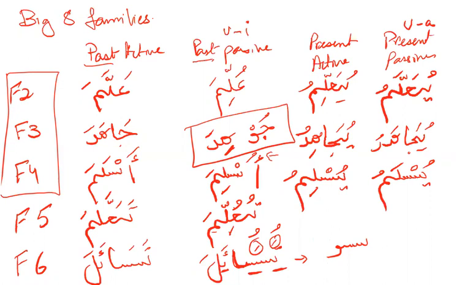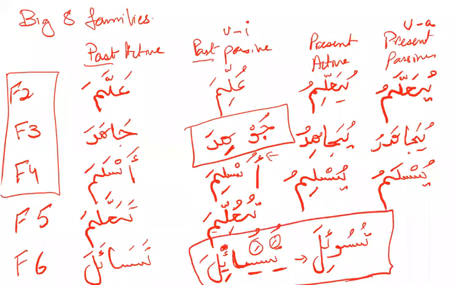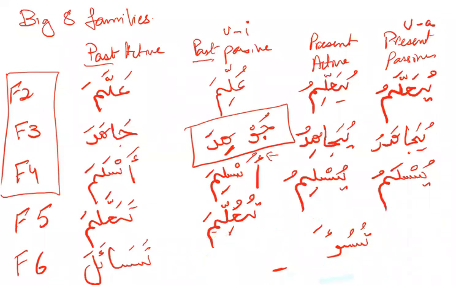You have to change this to kasra because of the U-E pattern. Is this clear what happened here? Yes. Alhamdulillah. Okay. So you have multiple U sounds, tu su, and then the E sound, ila.